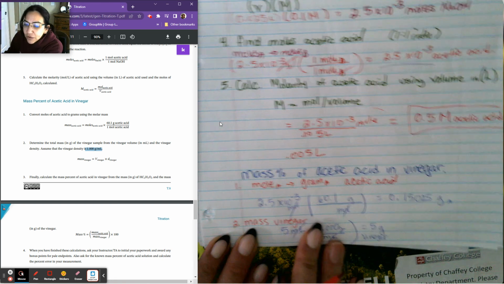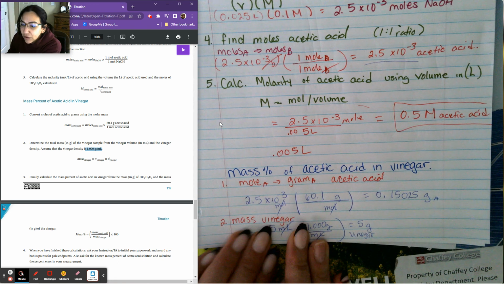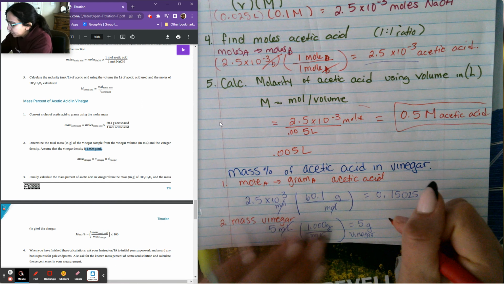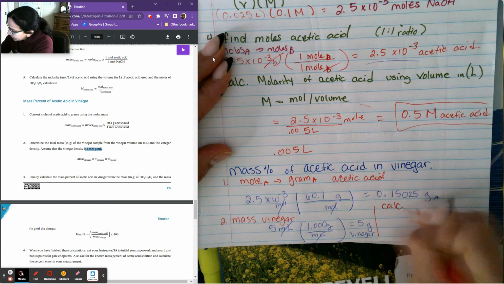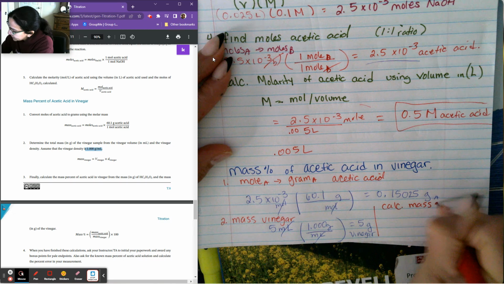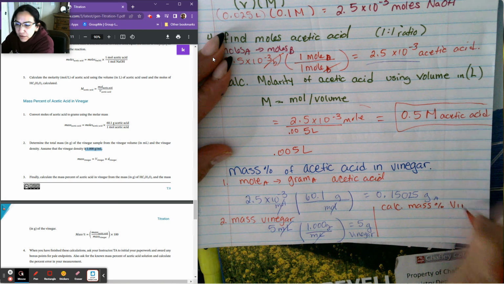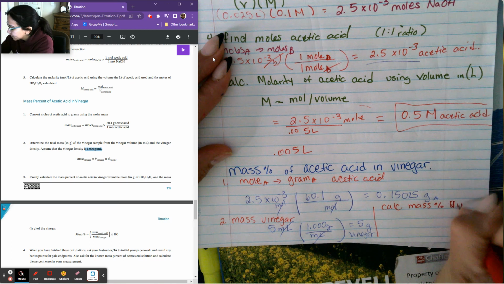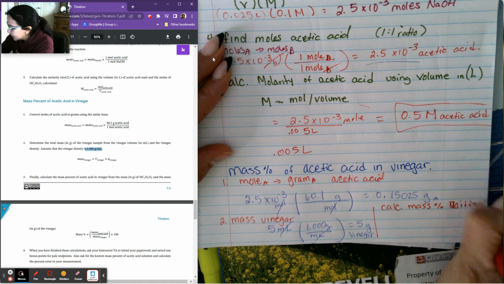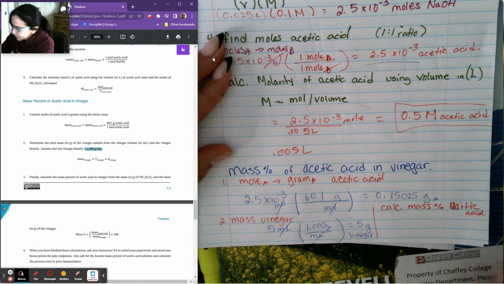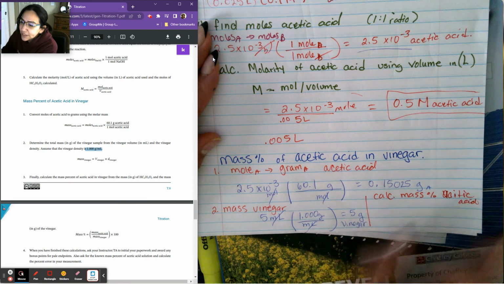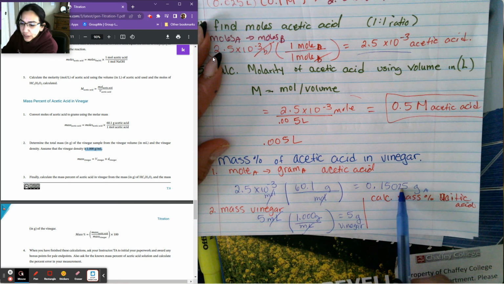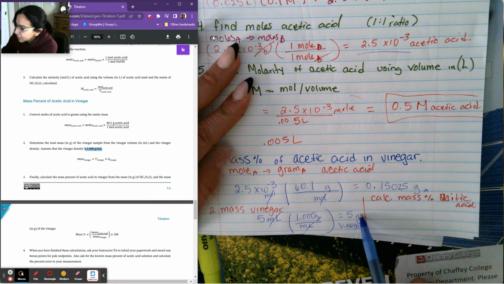And then the final and last step right here is to calculate the mass percent of the acetic acid. We're going to do that by taking the mass of the acetic acid, which we found here, and dividing it by the mass of the vinegar that we found there.